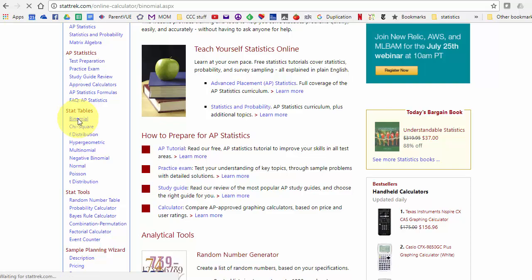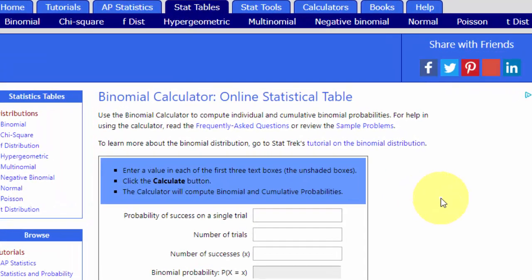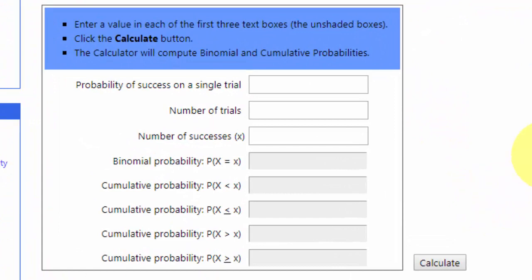So let's click on that. And here we have the opportunity to punch in the same quantities that we punched in before. The probability that LeBron will make a basket is 54.8%. We're interested in what happens when he tries this 10 times.